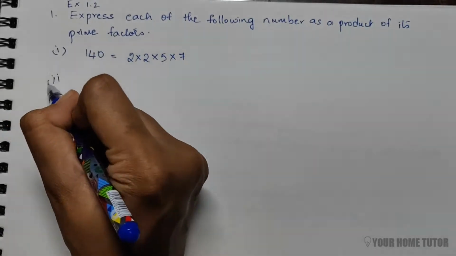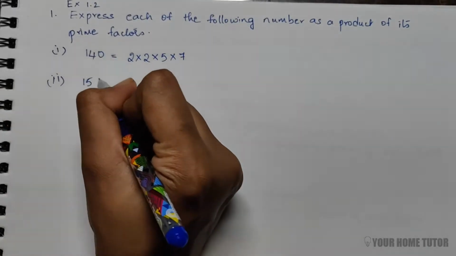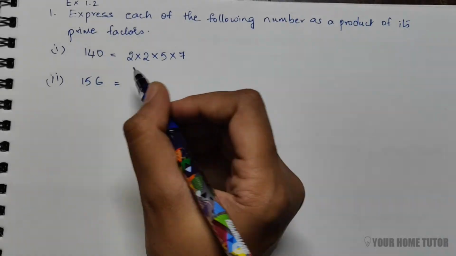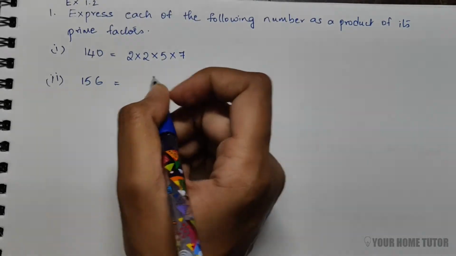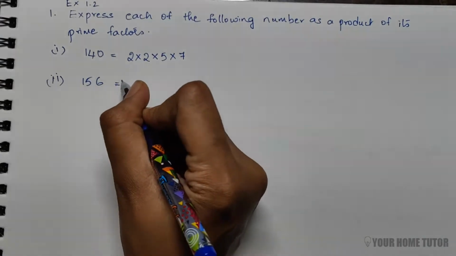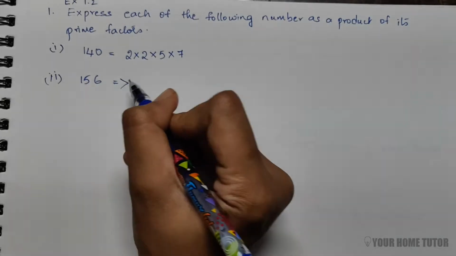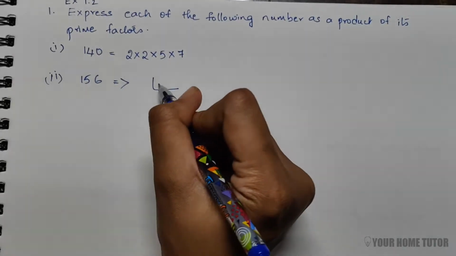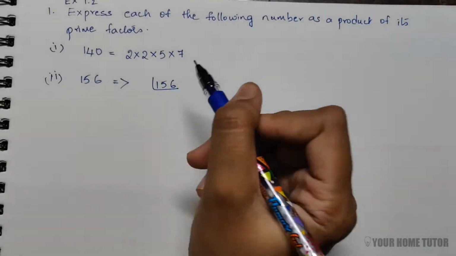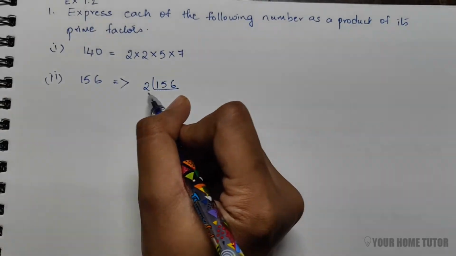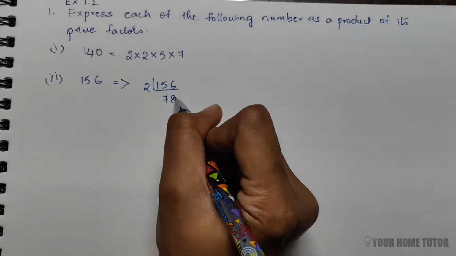For the second bit we have here 156. If you guys can't write the prime factors directly, I can suggest one more method. So 156, if I divide it by 2, I will get 78.